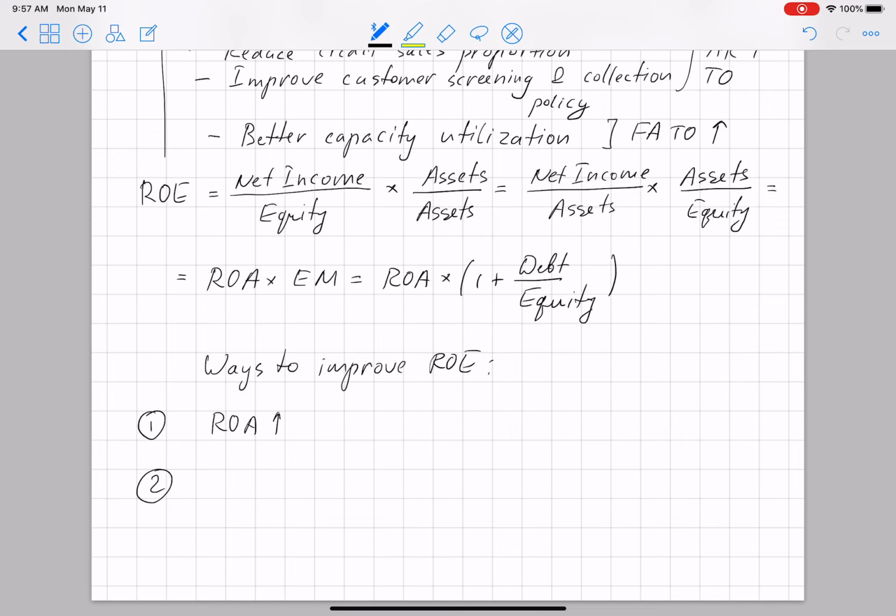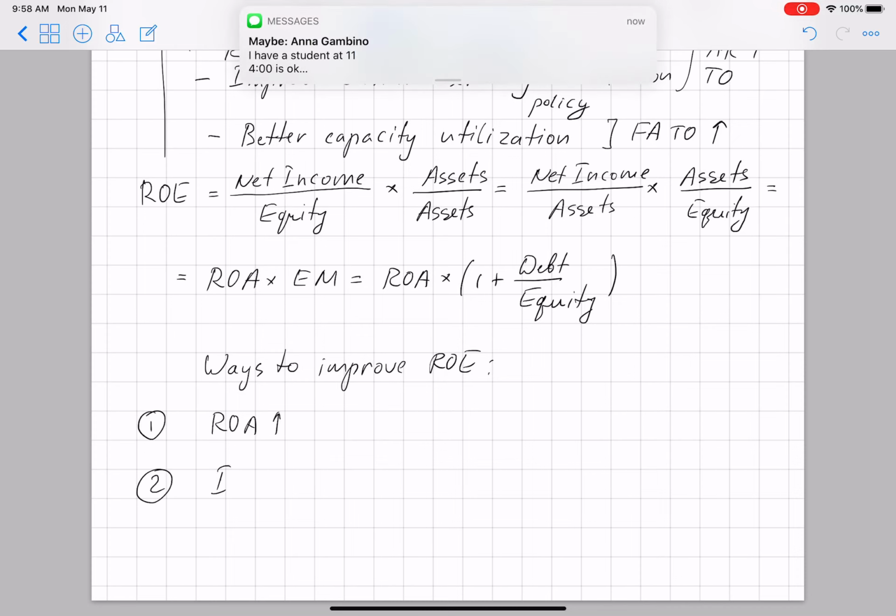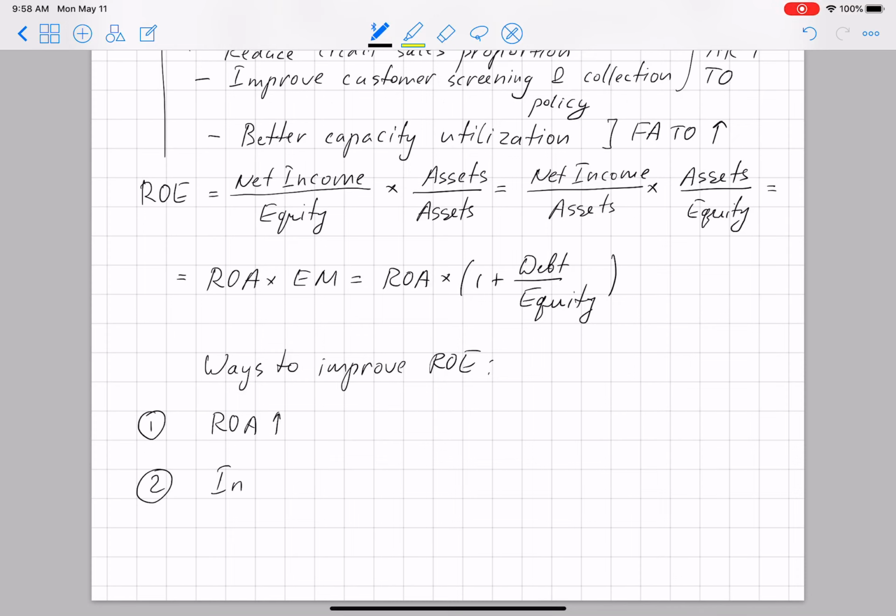What is not obvious, which is a little subtle, is that another way to improve your ROE is to increase debt relative to equity.